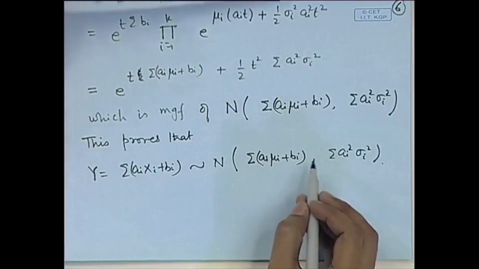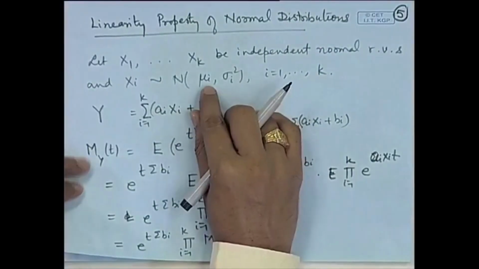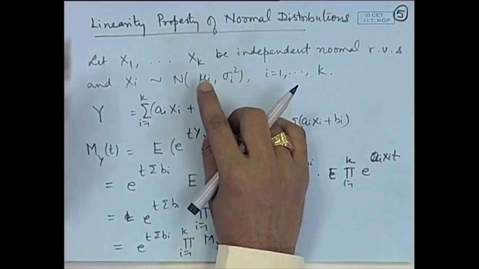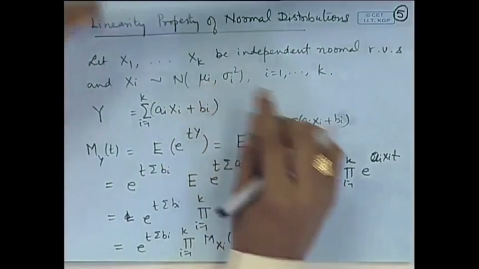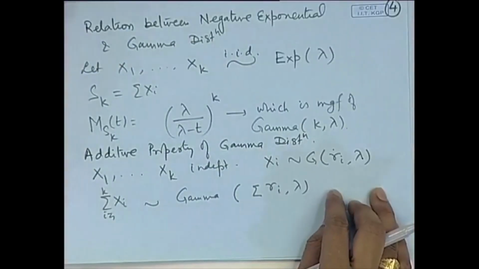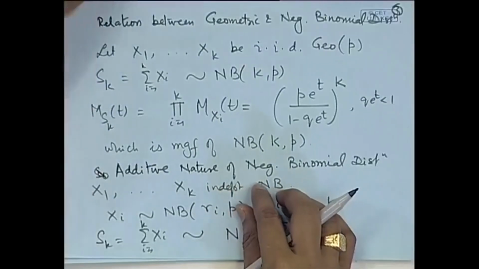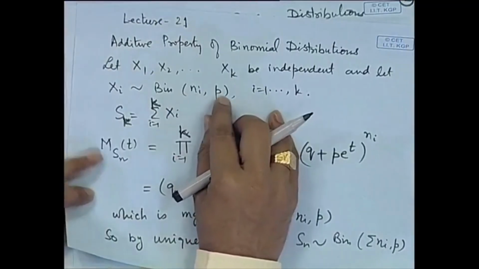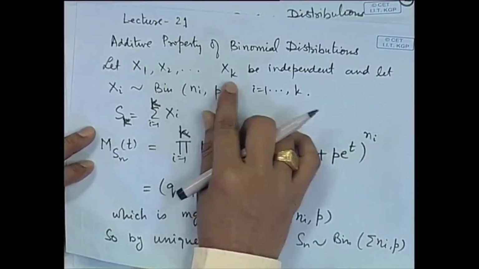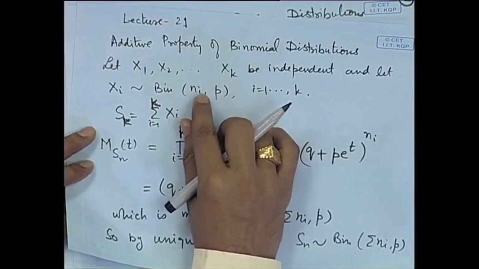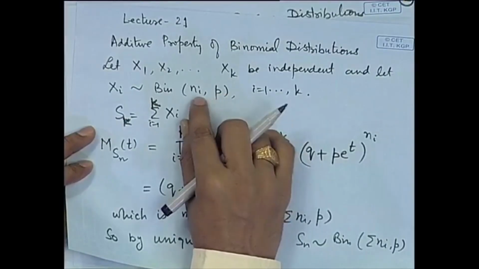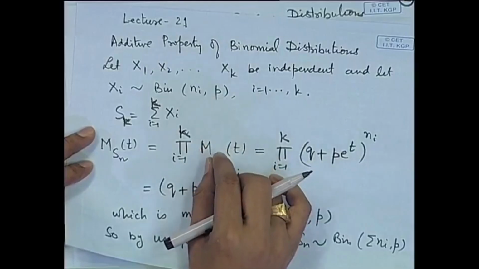Another important thing to notice here is that in the normal distribution case, we can vary both the parameters. Earlier, in the additive property of, say, the gamma distribution, the negative binomial distribution, or the binomial distribution, where two parameters are there, when we were considering several independent random variables, we varied only one of the parameters, and the other was kept fixed in order to have the additive property.